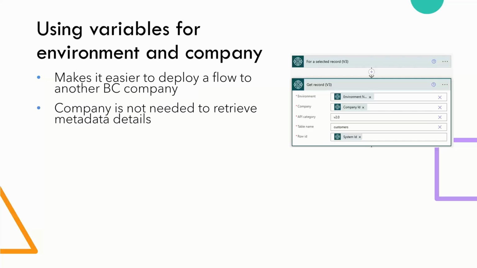What are the parameters and how does the JSON payload look like? All these types of information can be queried from the metadata from the API that it is calling. So it doesn't need a company name for that. So with a company as a variable, it is just working and it can query it from the environment.